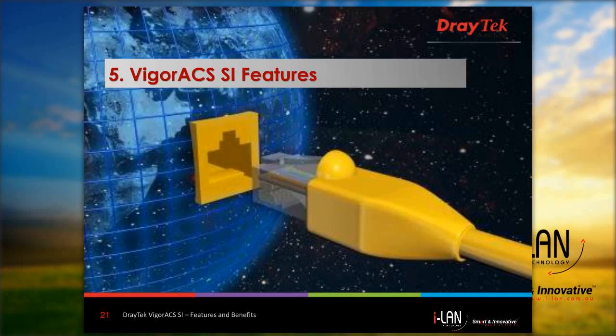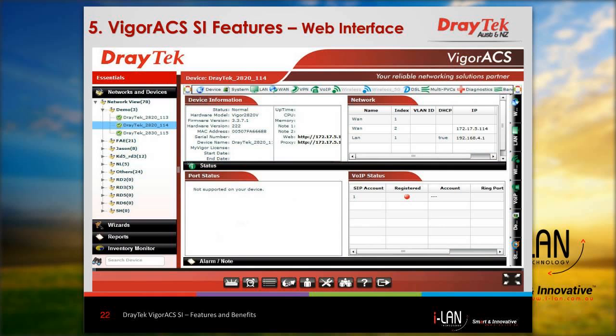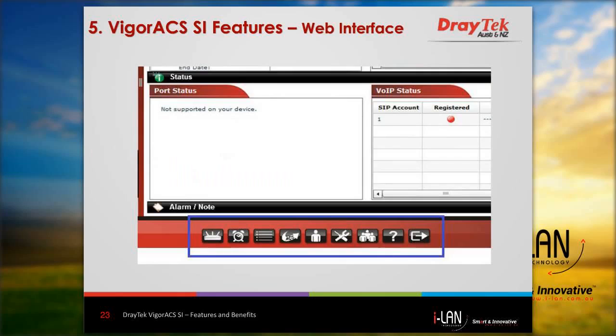I'll just quickly go through some of the features of Vigor ACS SI. Here you can see the web interface. There are many options available, but I'll try to cover most of them today, very quickly. At the bottom of the web interface, there are a number of icons highlighted in blue.